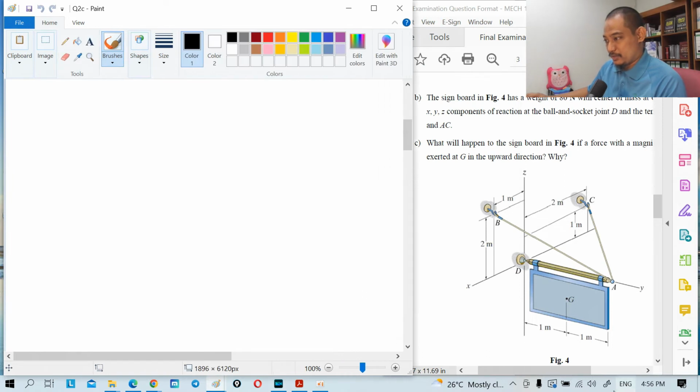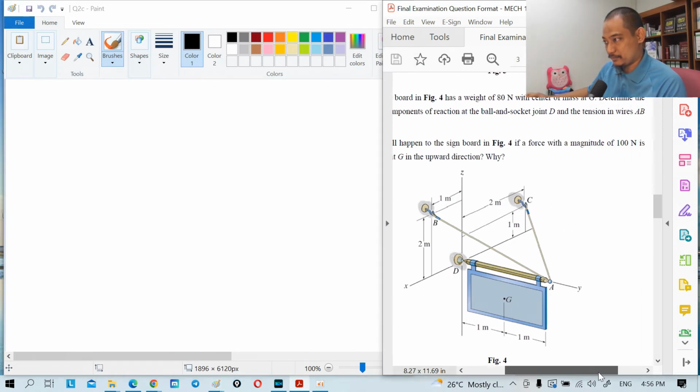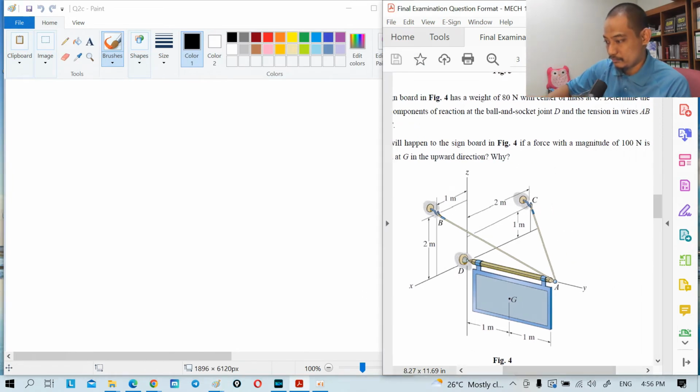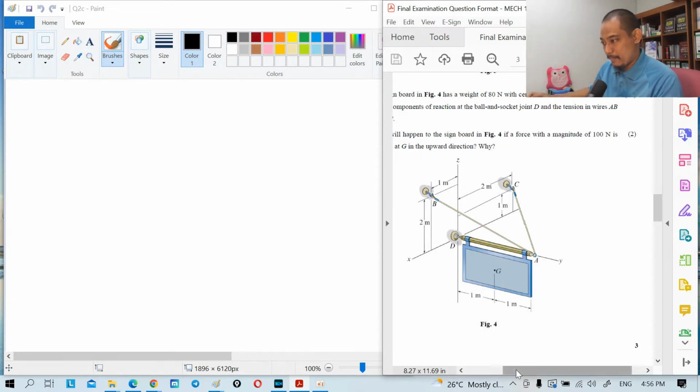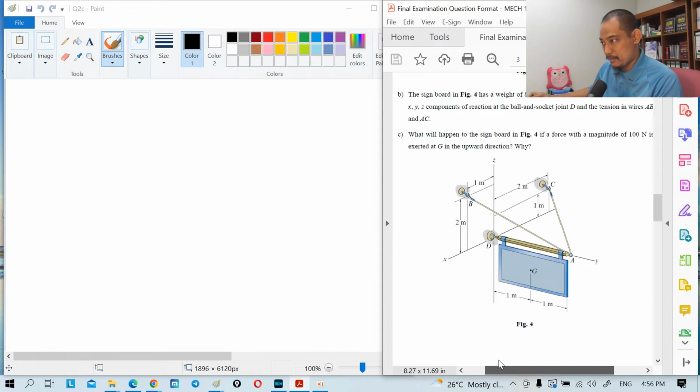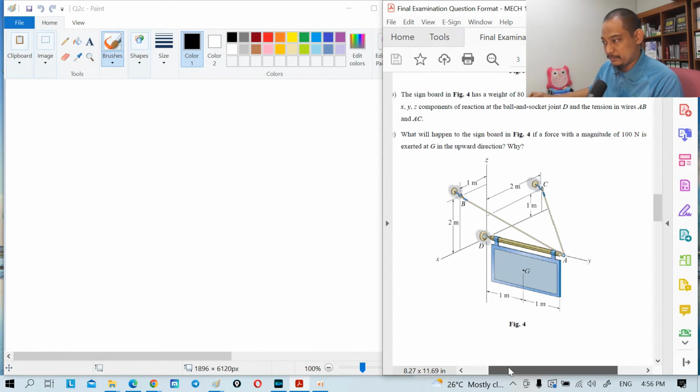What is the question? What will happen to the signboard if a force with magnitude 100 Newton is exerted at G in the upward direction?